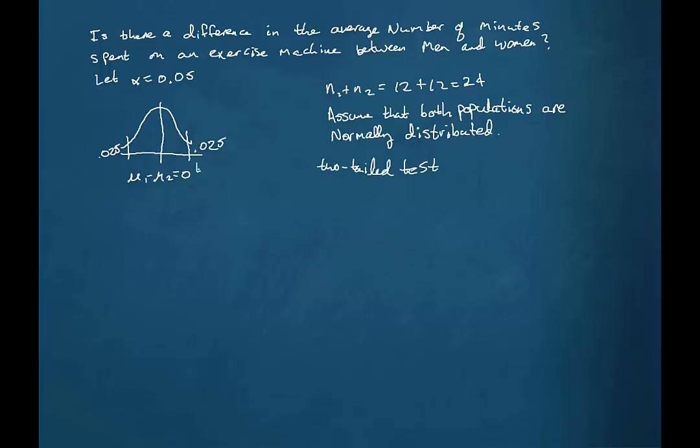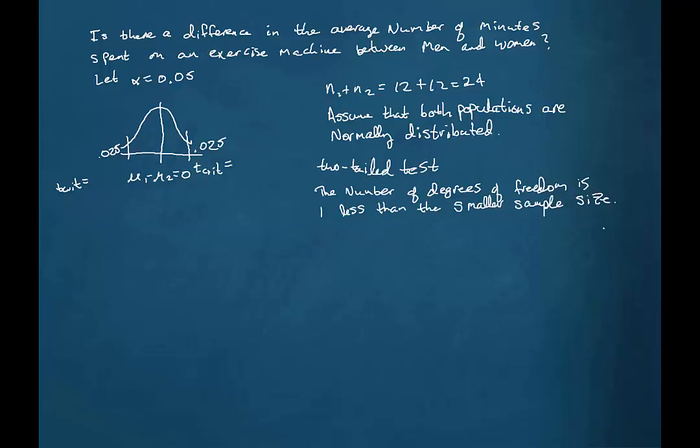Now, since that's the case, then we are going to need critical t-values. The number of degrees of freedom will be one less than the smaller sample size. So the degrees of freedom will be 12 minus 1, or 11.